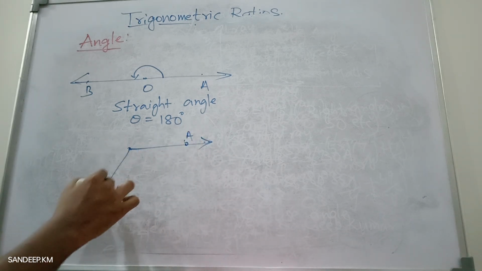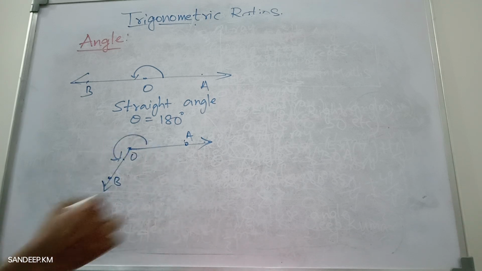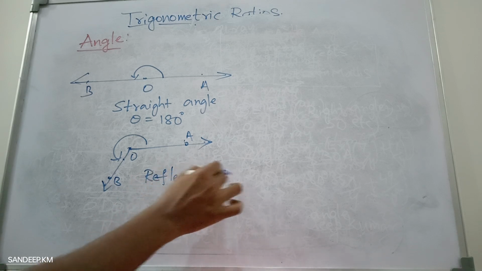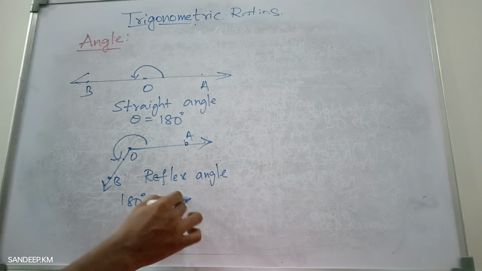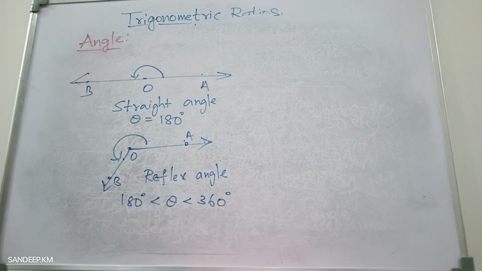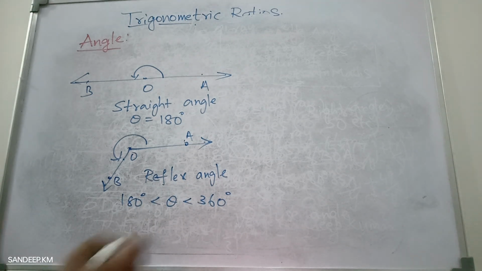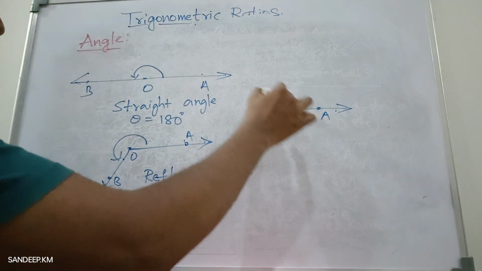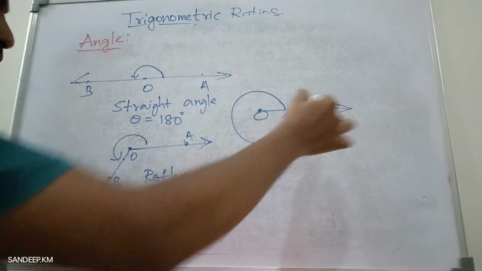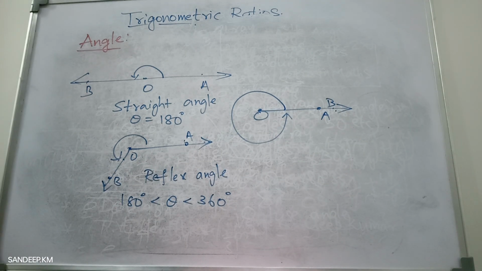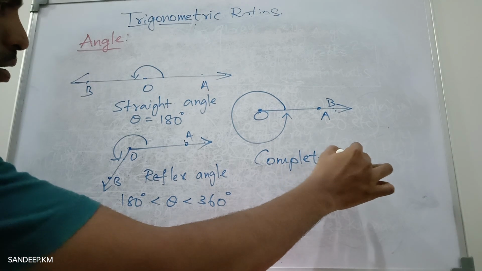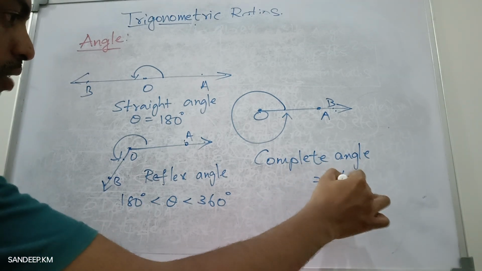If the angle is more than 180 degrees, then that angle is called a reflex angle, where theta is greater than 180 degrees but less than 360 degrees. Finally, when the terminal ray makes one complete rotation and coincides back with the first ray OA, the angle obtained is called a complete angle, which is 360 degrees.